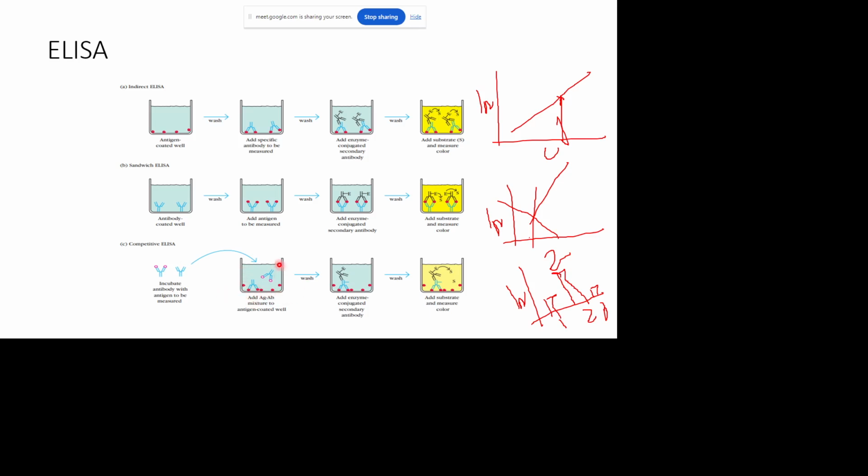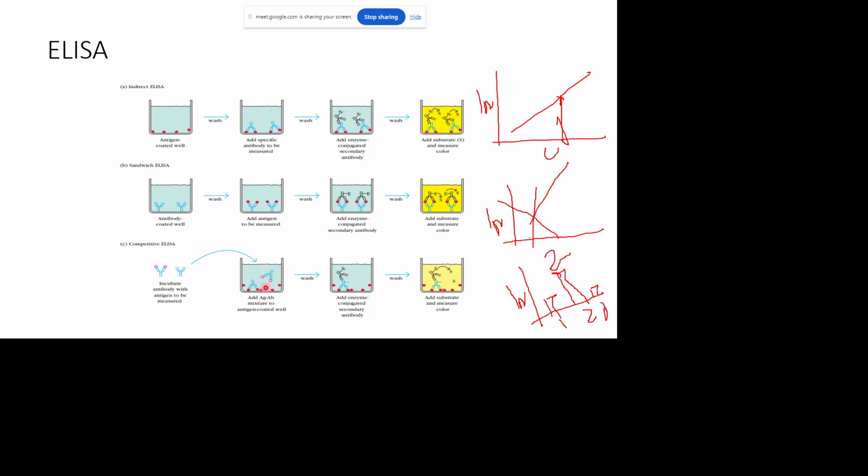This well is coated with the antigen. So when you add this to the well, the free antibody will bind to the antigen which is coated into the well, and the antibody which was bound with the previous antigen will remain unbound, right?